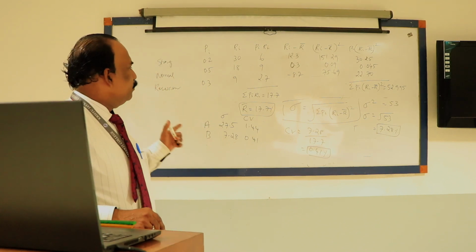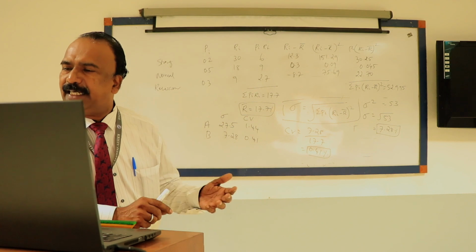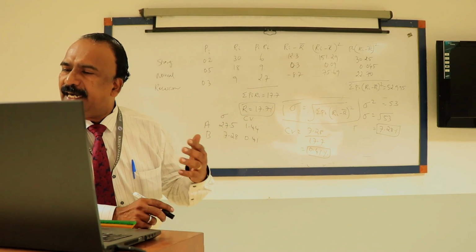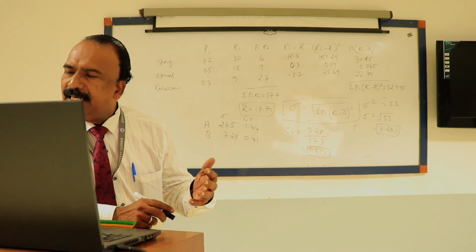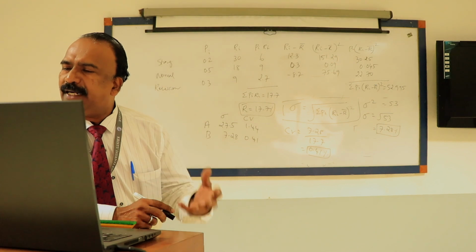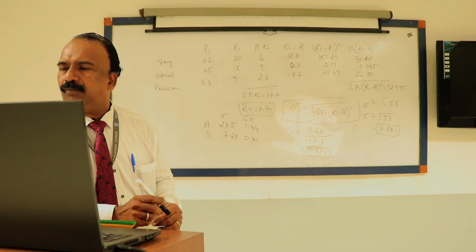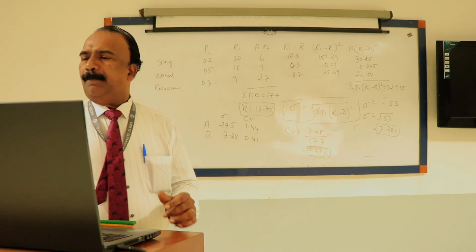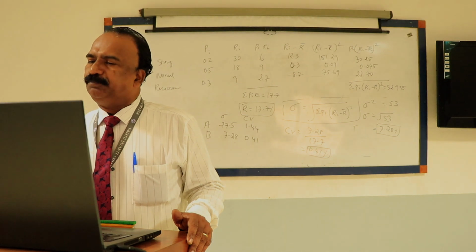What's the interpretation? Stock B is less risky, because stock B's standard deviation is low compared with stock A. When the standard deviation is low, the coefficient of variation will also be low.